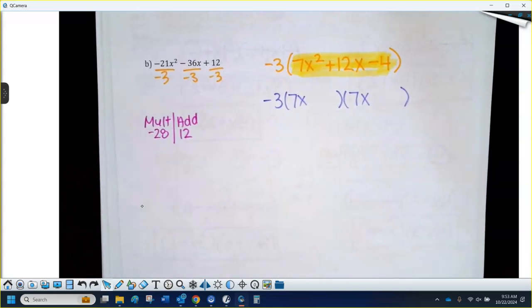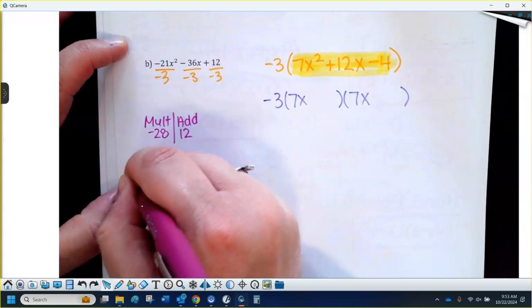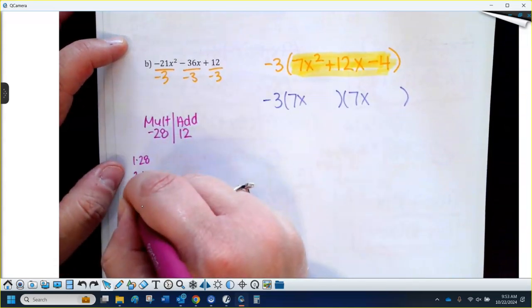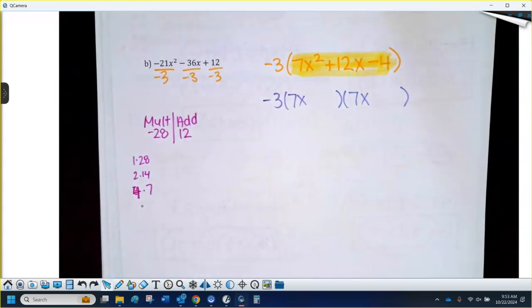All right, now, factors of 28, let's see, we got 1 and 28, we got 2 and 14, and we've got 4 and 7. So how can I get a combination there to multiply to negative 28, but add up to positive 12?